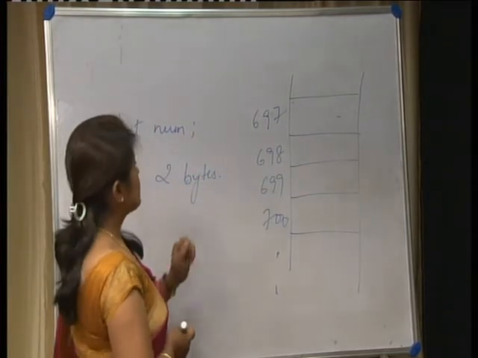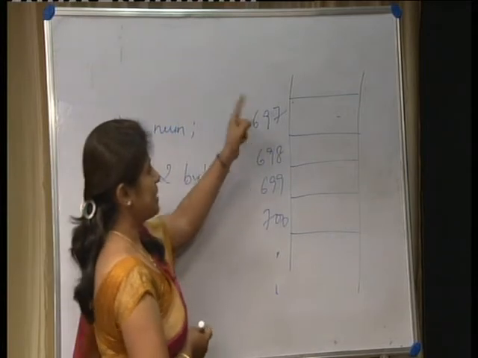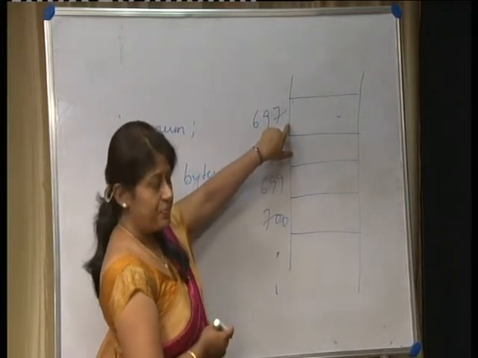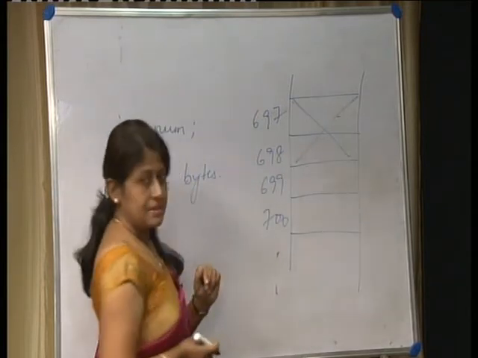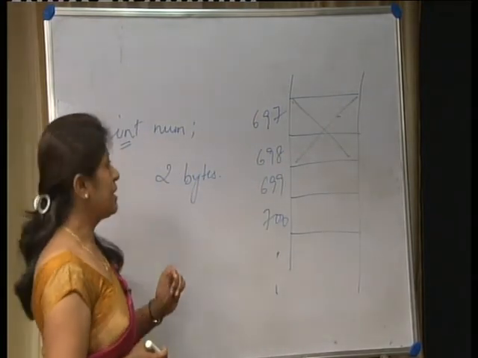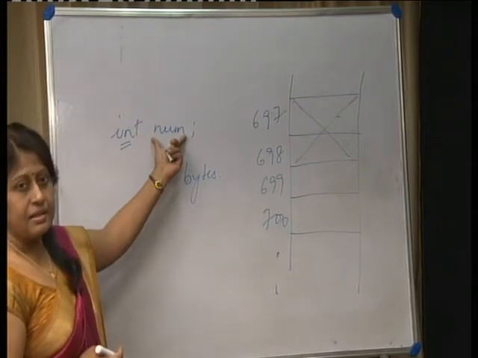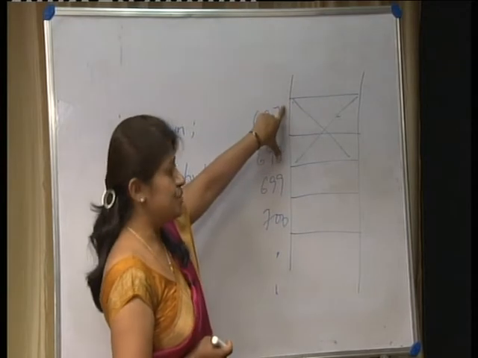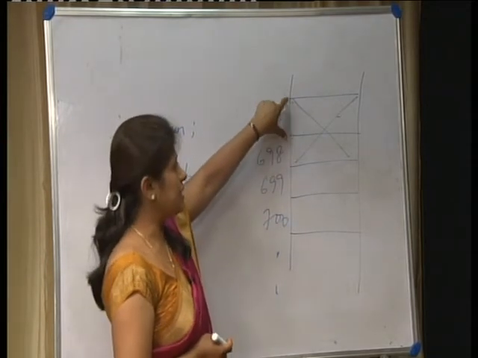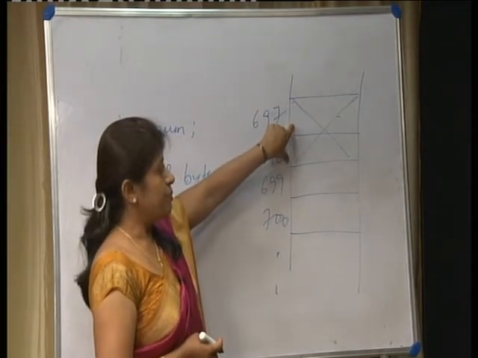So it would occupy these two memory locations. Whenever I access the variable num, it always means that I am accessing these two locations, and whatever content is within them would be referred to.